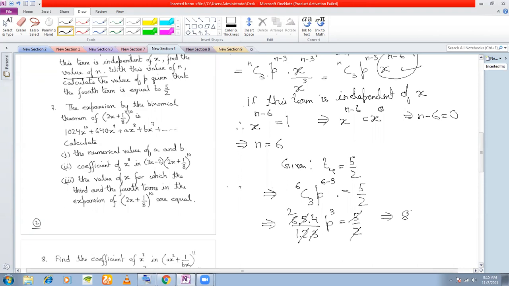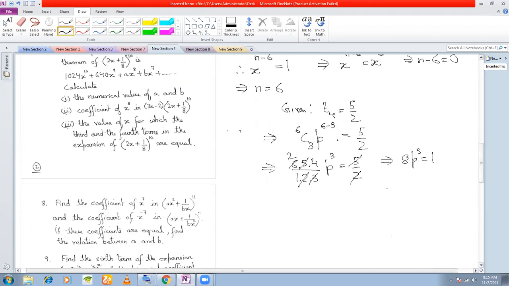So you get 8p cube is equal to 1. That means p cube is equal to 1 by 8. p cube is equal to half cube. That means p is equal to half. That's the value of p, and this sum is also over.